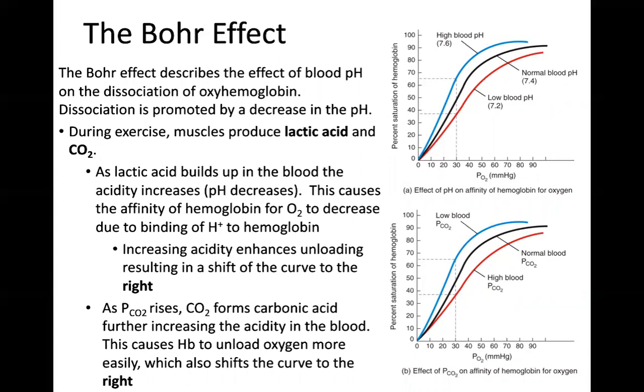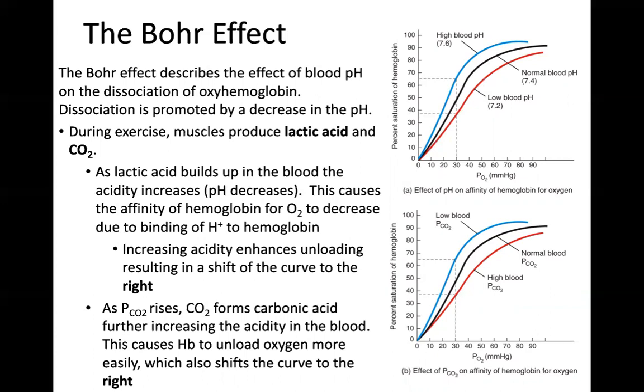First way to shift the curve is through what we call the Bohr effect, which is caused by changes of blood pH affecting dissociation of that oxyhemoglobin.